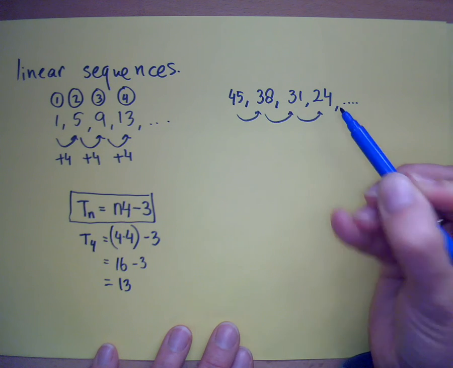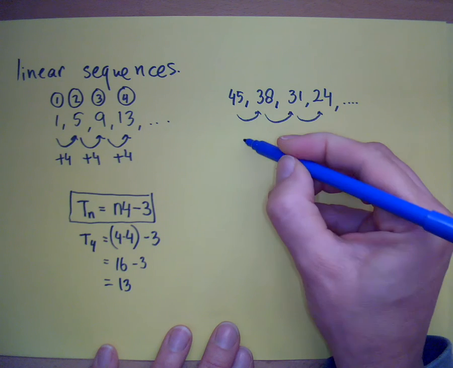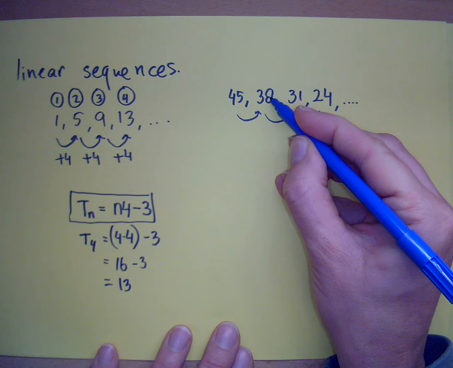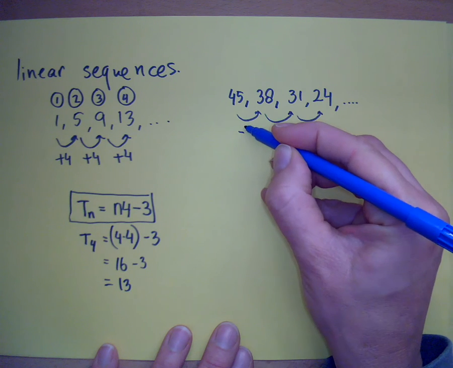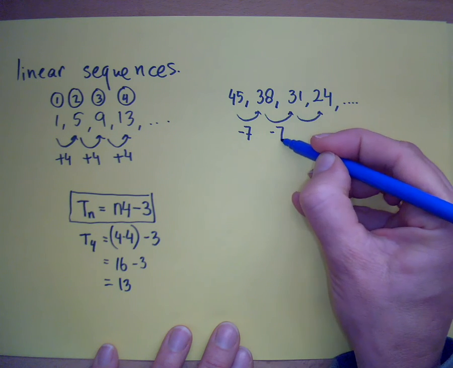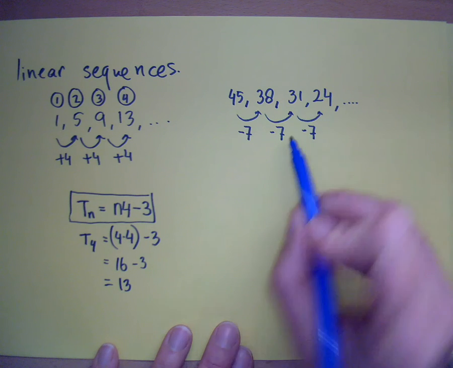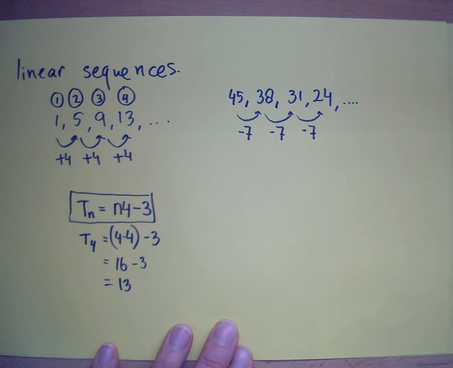We know it's linear because that's what we're doing. That's my only clue. What's the difference here? It's minus 7, right? Minus 7. Minus 7 again. Minus 7 again. So the difference between the terms is negative 7 each time.